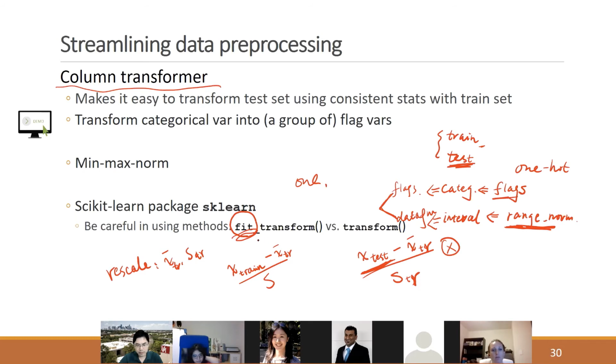So you only apply fit transform to the train set so that it gets the statistic from the train set. When you do the pre-processing for the test set using the column transformer, you only apply the transform. So it uses the train set statistic to transform the test set.